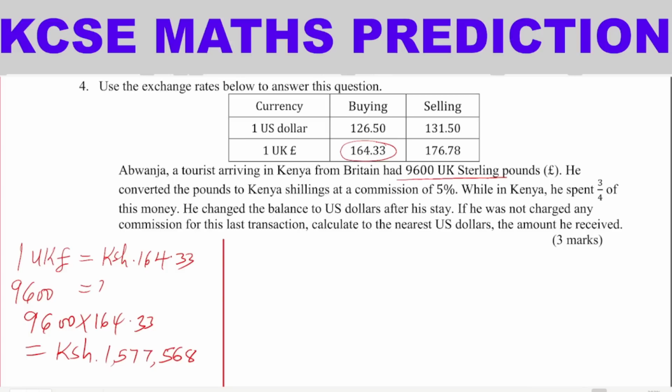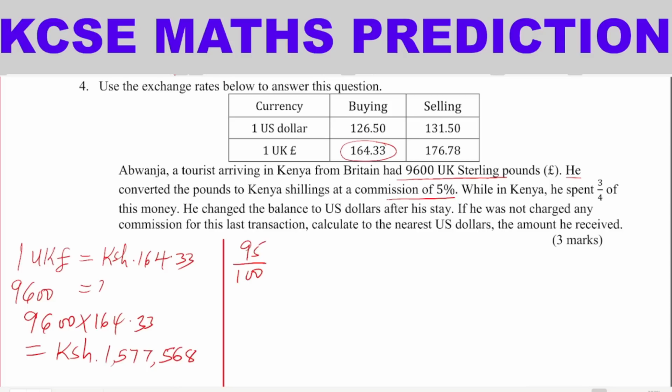So after getting that, the next statement, this person did not receive the whole of this money. There was a commission of 5% during this conversion, meaning he did not receive the whole of this amount. So after you subtract 5%, he received 95% of this money. So after the commission of 5%, he didn't get 100% of this money. So you get 95%.